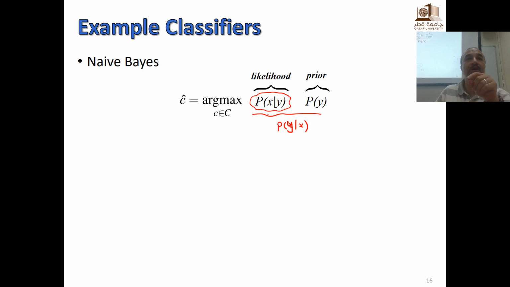So this is an example of a generative model.